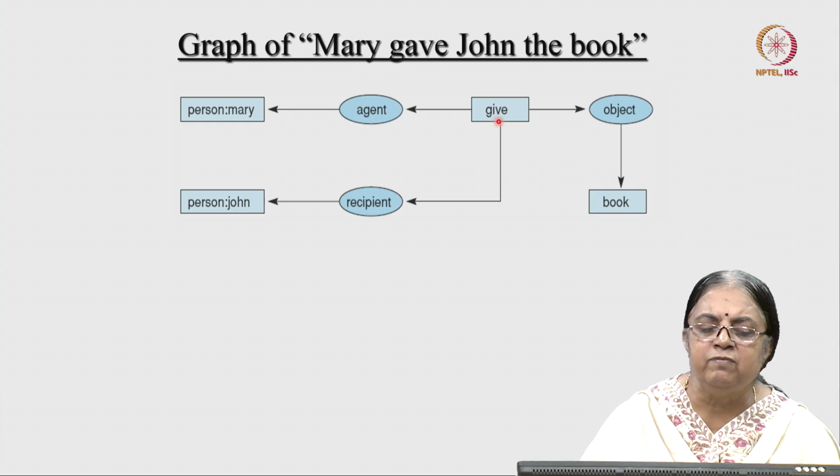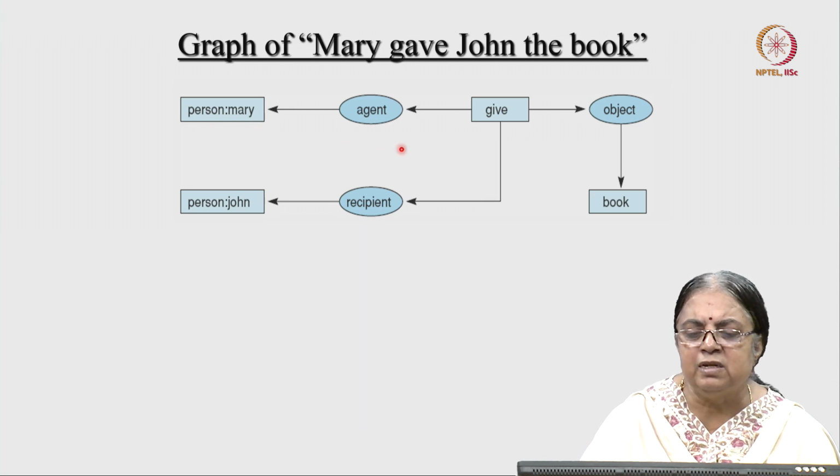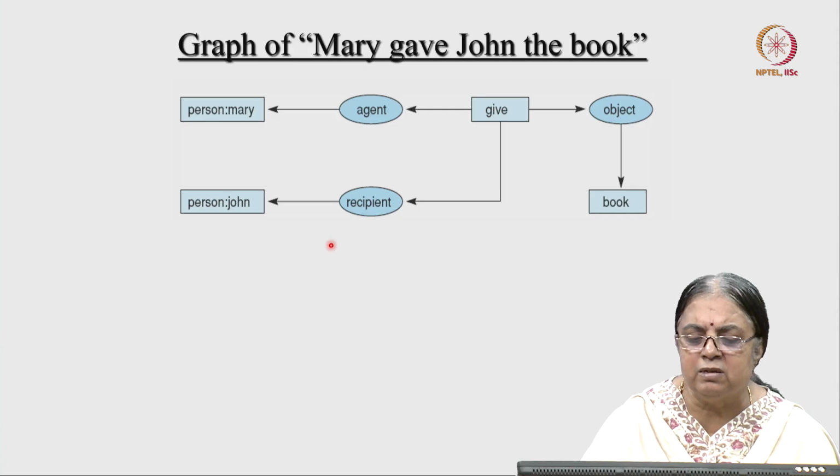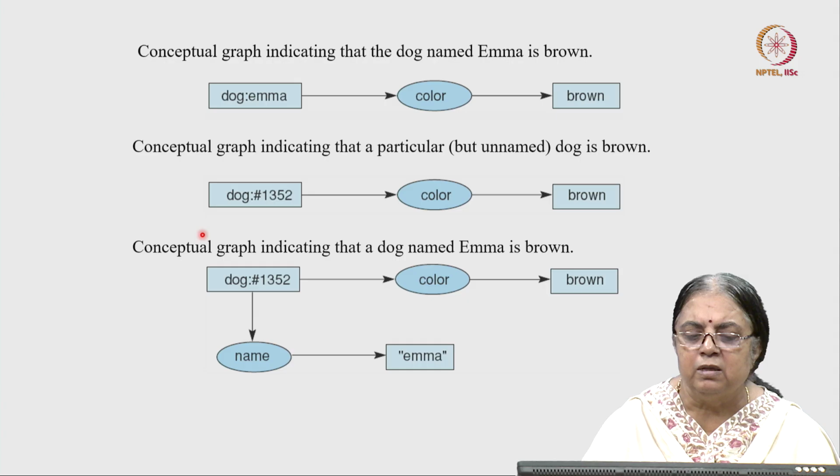So, you have give and the object that is given is the book, and the recipient is the person John, and the agent is the person Mary. Okay. So, basically it is something like what we saw earlier, except that you have these ellipses here which represent the relationship between different concepts which you are using.